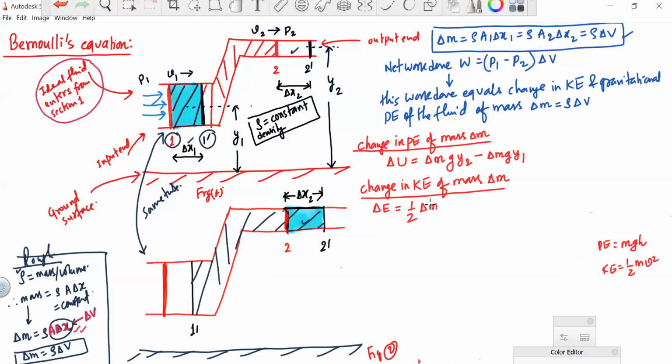So half delta m v2 square, because fluid is leaving section 2 or is leaving the output end with speed v2, minus half delta m v1 square. Now we have this.